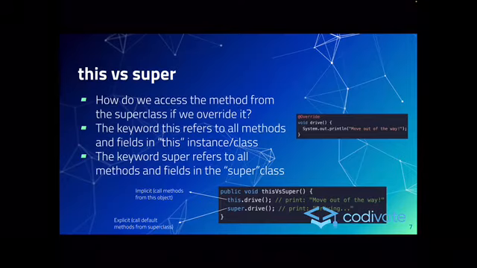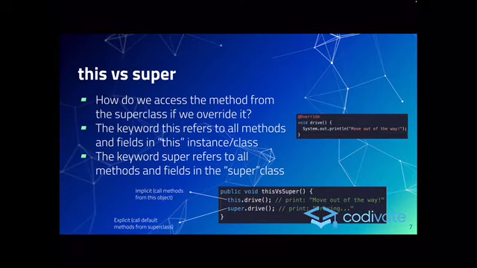There actually is a difference between using this and super now, because now when we use extends, this refers to the class that we are in, whereas super refers to the methods in the parent class or the superclass. So for example, if we used the this keyword in our current class, we could call any of the methods that are in the class. Whereas if we used super, it would refer to methods in the superclass.